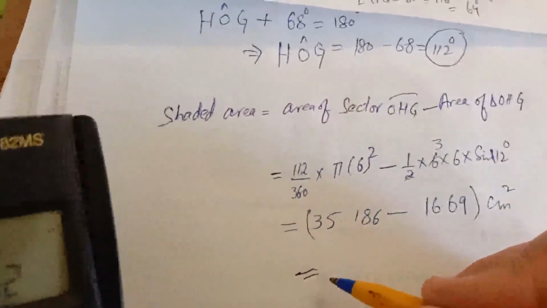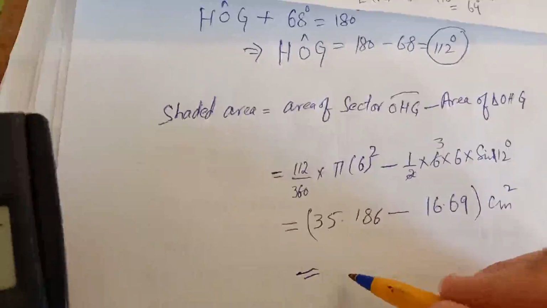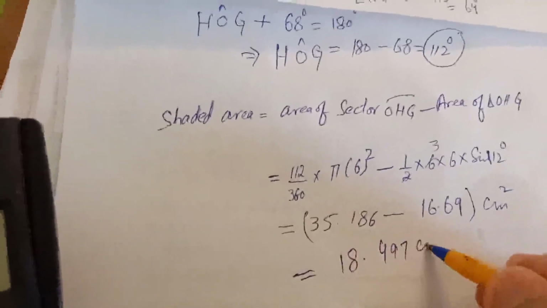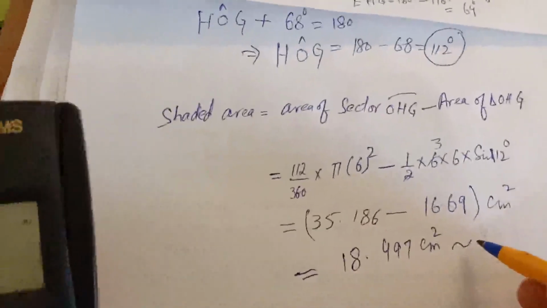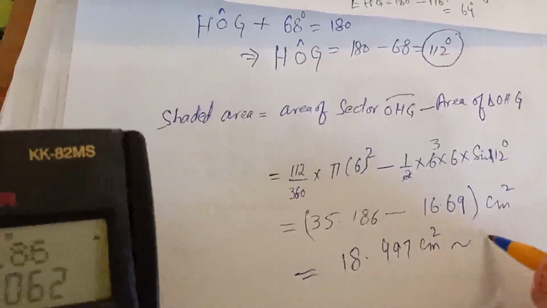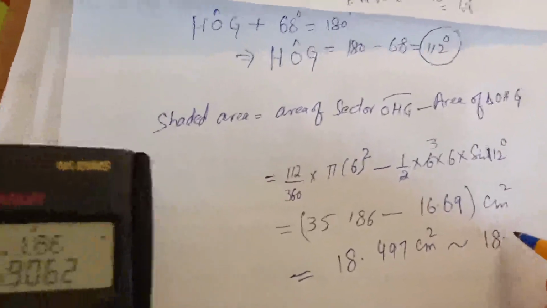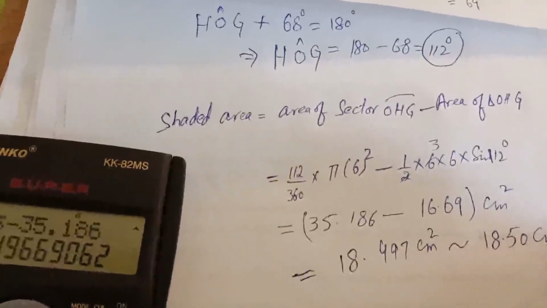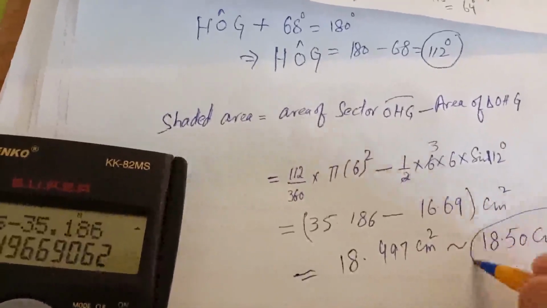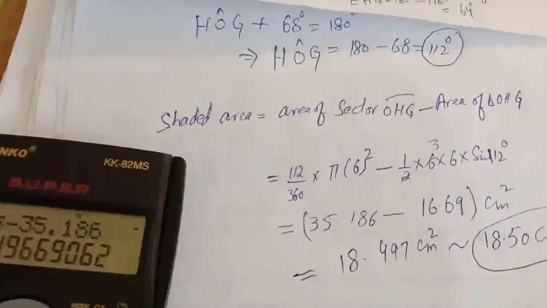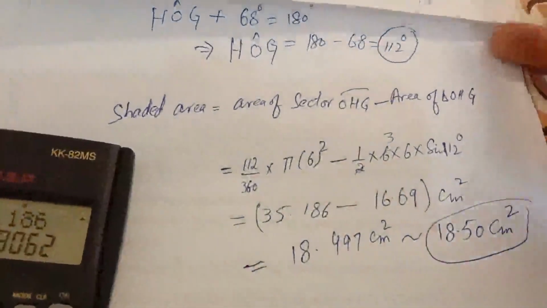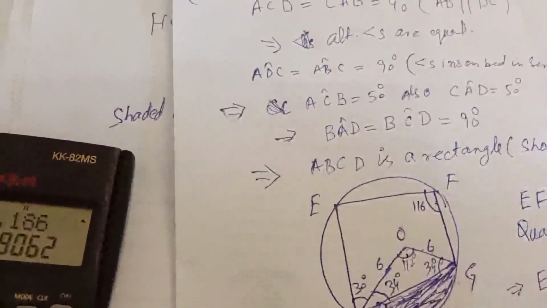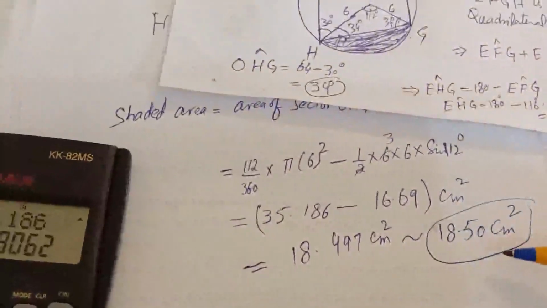It comes out to be 18.497 centimeter squared, which can be rounded off to 18.50 centimeter squared. So the area of the shaded region comes out to be 18.50 centimeter squared.